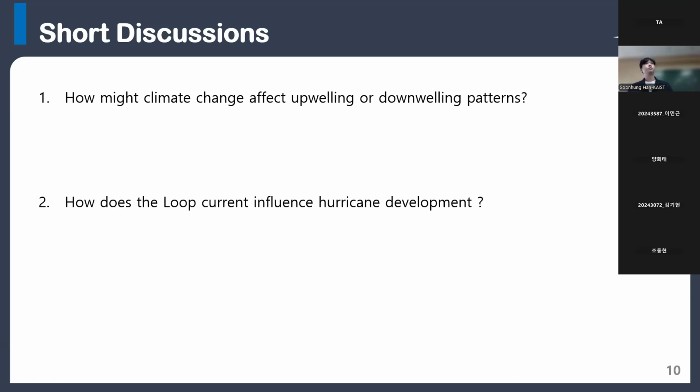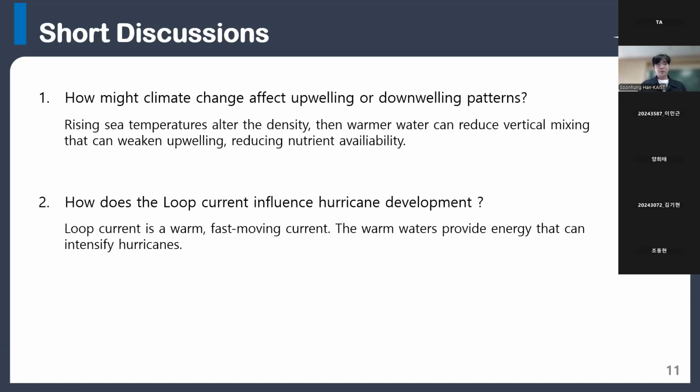And wherever the loop current goes will affect the path of the hurricane, since hurricanes form based on heat. Yes, that is the correct answer. The current is warm water, so it intensifies the hurricane effects.